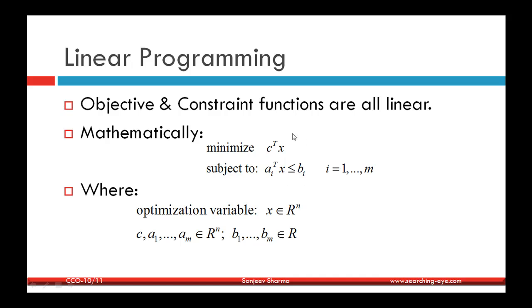That is, we have to minimize this function subject to the constraint that each a_i transpose x should be less than or equal to b_i. Here the variable x is a vector in Rn, and c, a_1 to a_m are all vectors in Rn, and all b_i are constants. The objective function is linear in x, and the constraints are also linear in x. So a linear programming problem is minimizing a linear function subject to linear constraints.